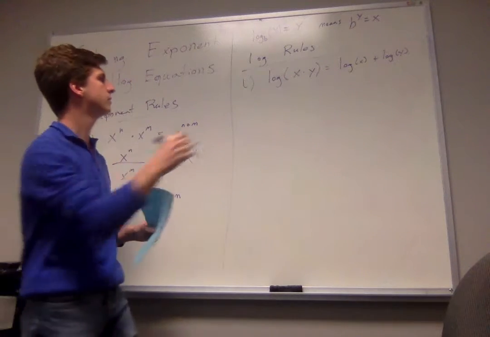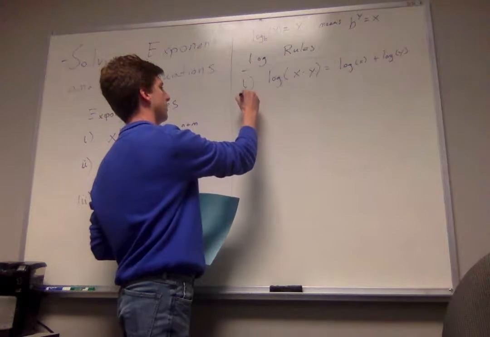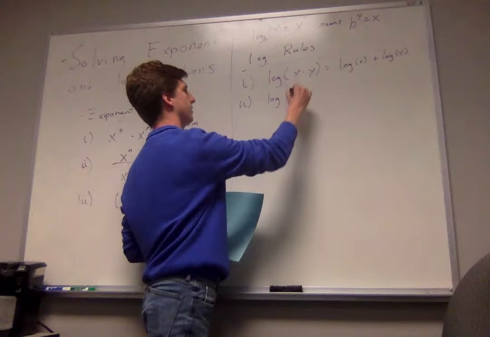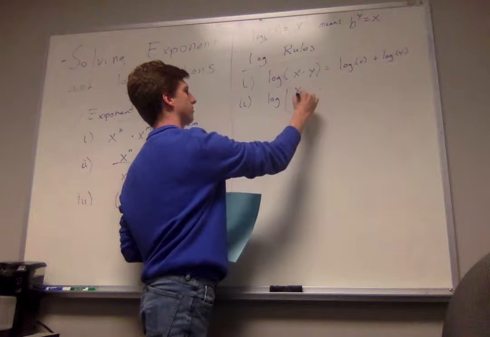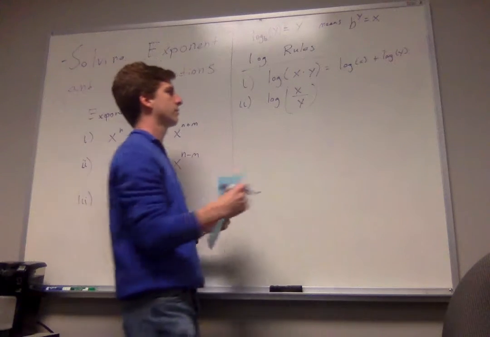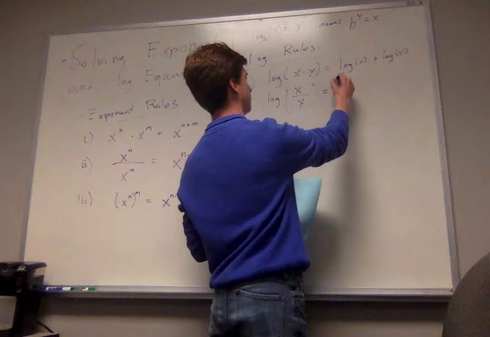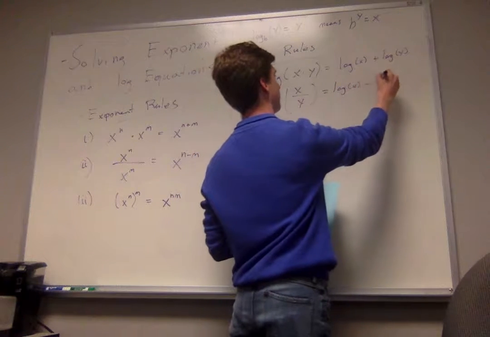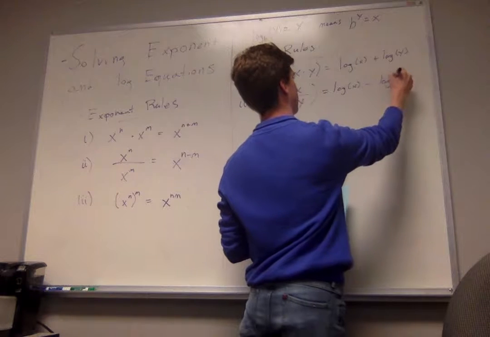So that's useful. The second property is that if you have a logarithm of a quotient, log of x divided by y, you can also split this up. Remember that it is subtraction this time, so it's log of x minus log of y.